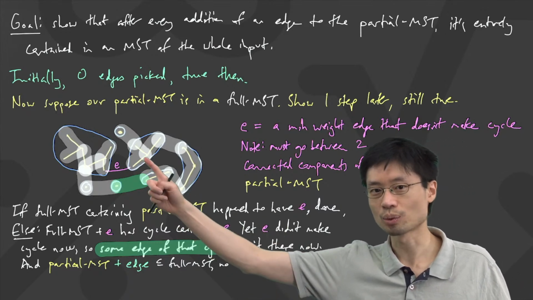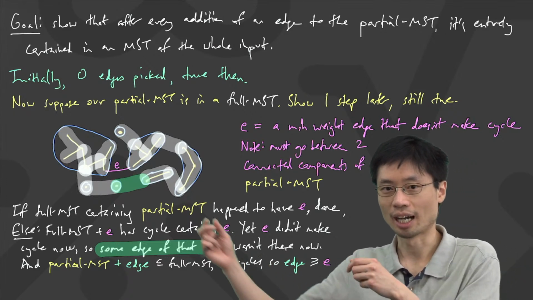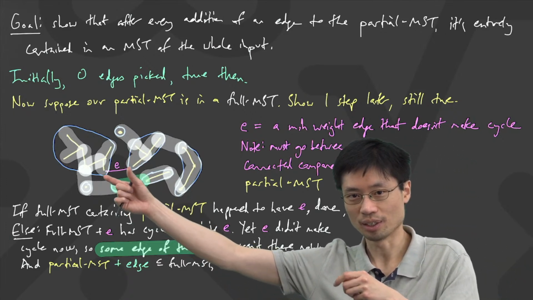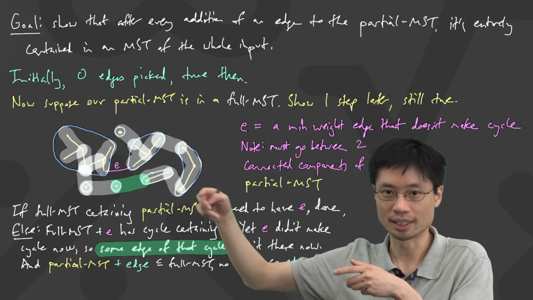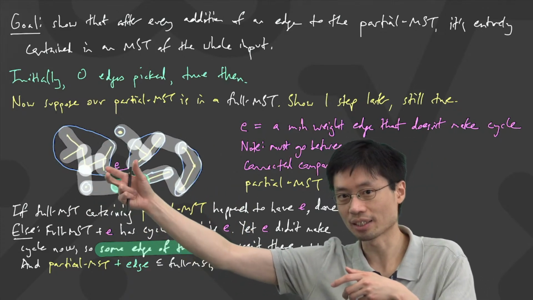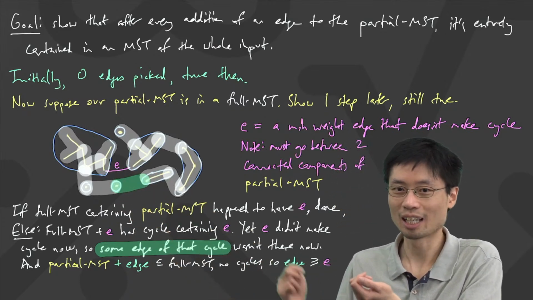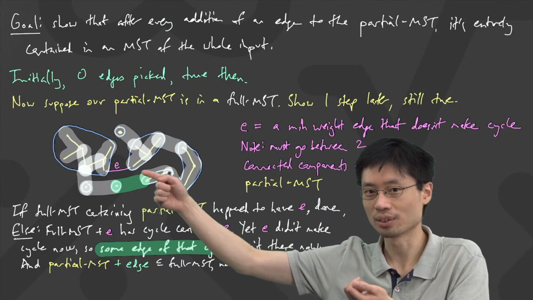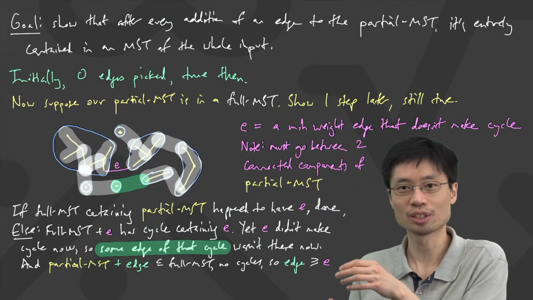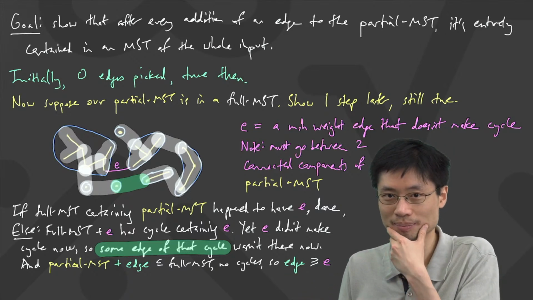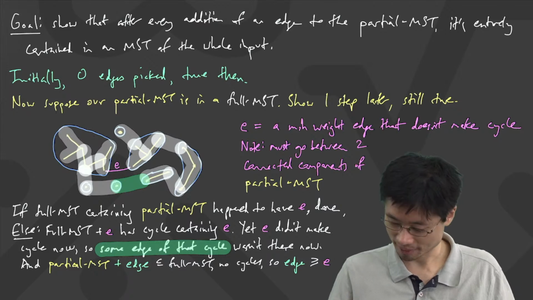I will just simply swap the green and the purple. By swapping the green and the purple, I will actually have, if you take this particular MST, adding one edge that made a cycle, and then you break the cycle, then I have another spanning tree. And because the swap that I made went to an edge that is less than or equal to the original weight, then it's actually a minimum spanning tree as well. I'm going to write that down and then pause to make sure it all makes sense.